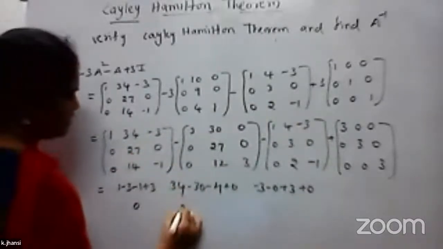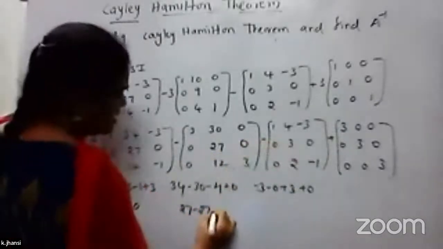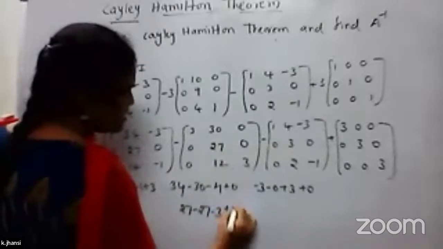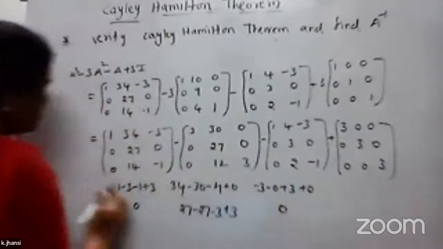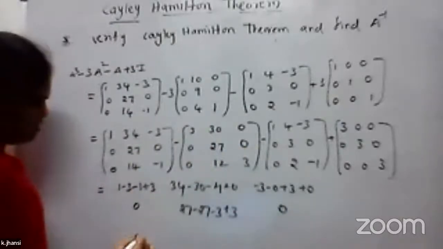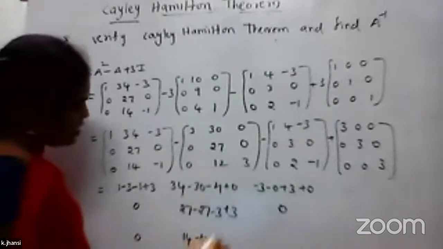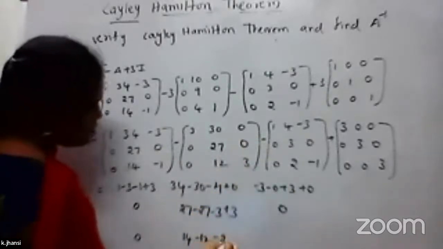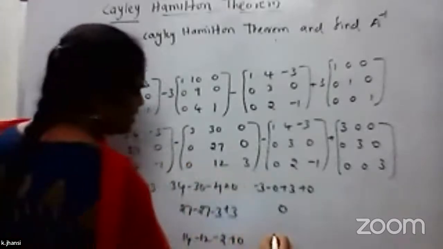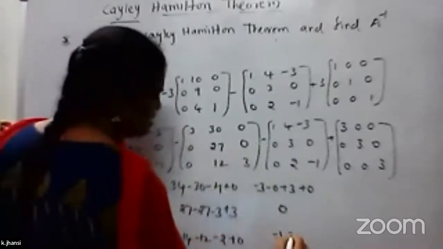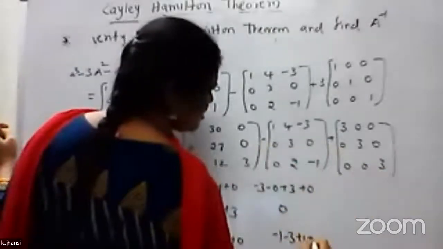Next, 9 minus 9, and here minus 0 plus 0, all zeros, so 0. Next this is also 0. Next, 4 minus 12 plus 2... Next, minus 1, minus 3, minus into minus plus 1 plus 3.